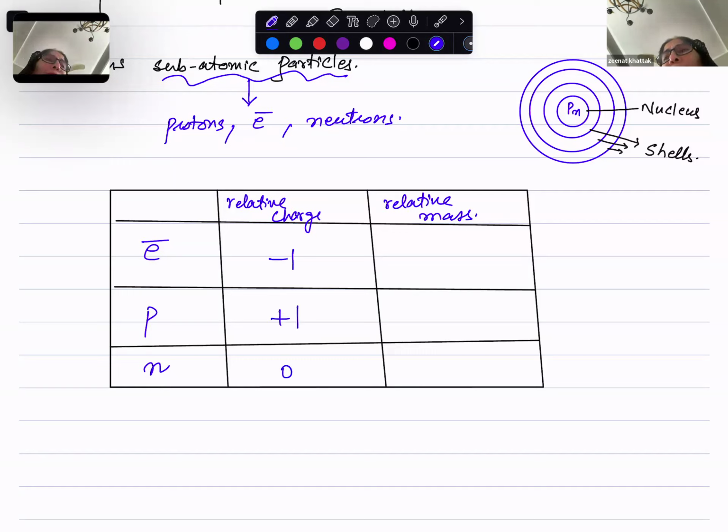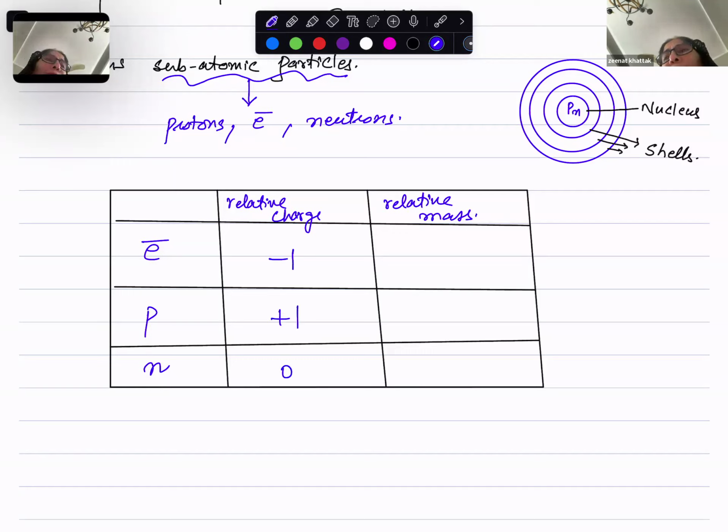Even if you touch your mobile, the iPad, the table, the chair, or myself, I'm made up of proteins, fats, carbohydrates. They are all made up of atoms, which contain electrons, protons, and neutrons. Then why is there no current?